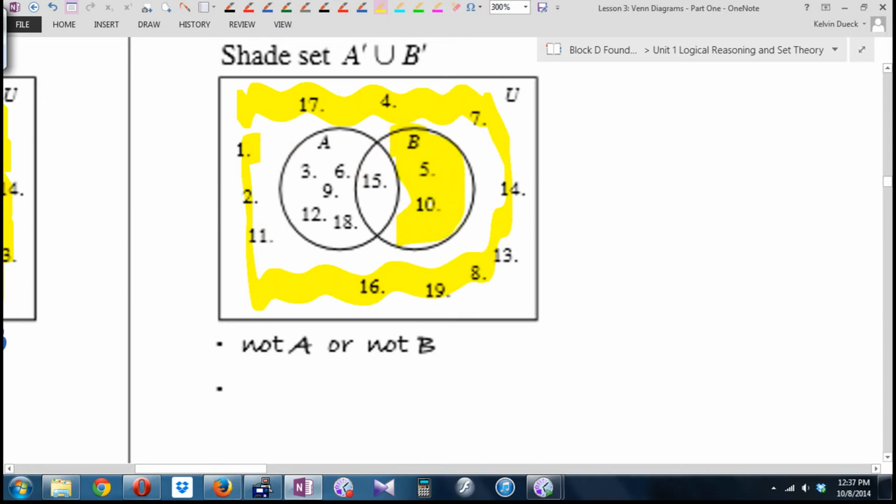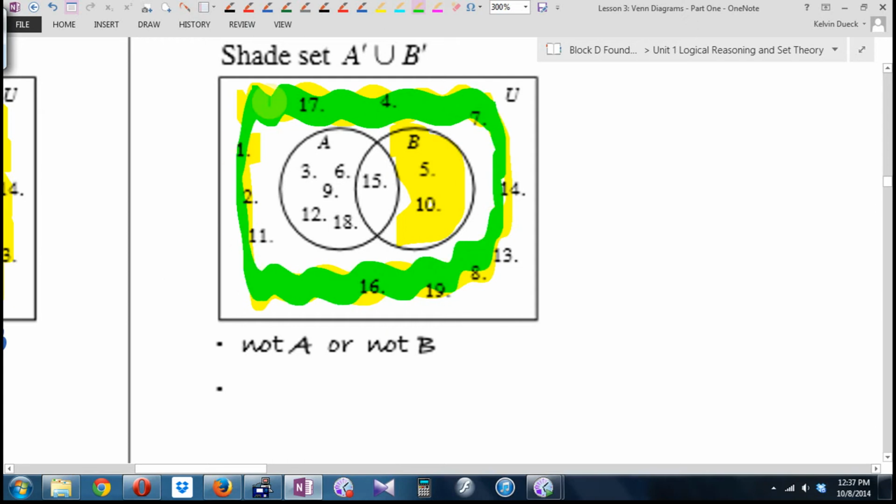Right? Or, which of these are not B? Well, that would be this, which I've already colored, and that would be this. Oh, this is another way of saying what?